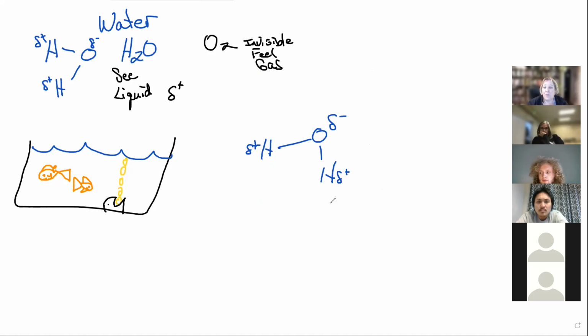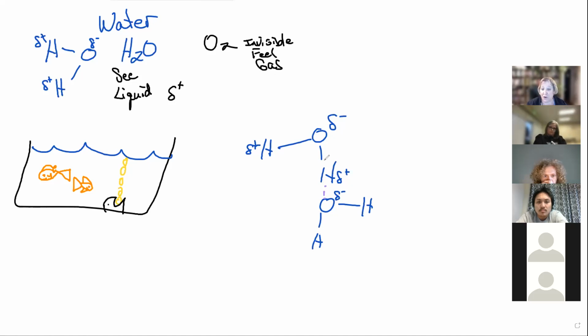When I get water together, water forms kind of like a cage, because this negative charge is going to be attracted to this positive charge. Kind of like static electricity. Okay, so remember, this is a covalent bond.